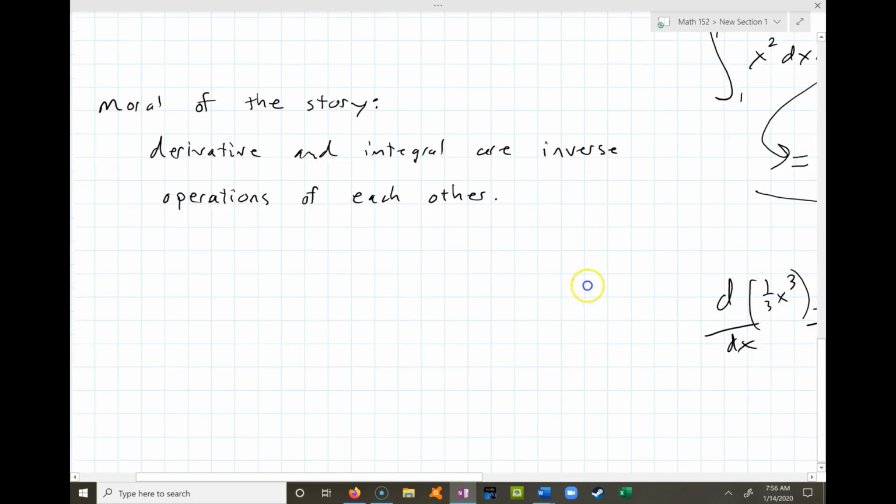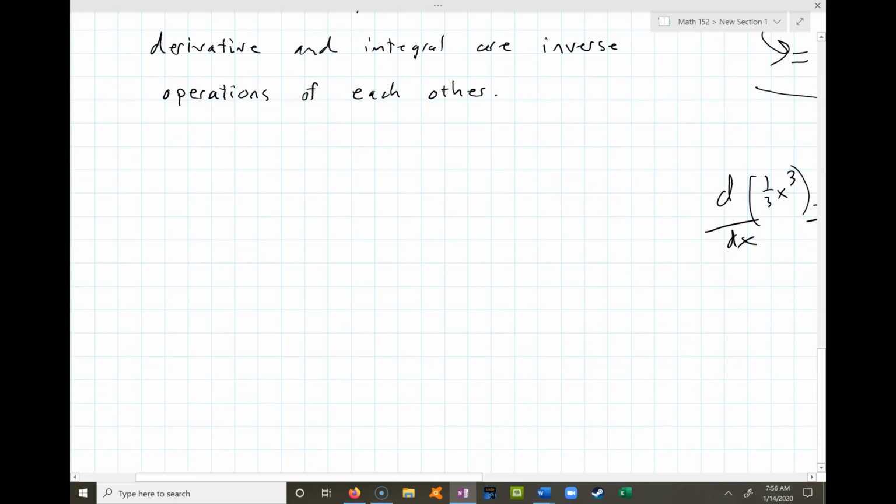And let's explore this a little bit more. So remember, derivatives are rates of change. So in other words, if we have a velocity function and I integrate that, that will give me a position function, because the derivative of a position function is a velocity function.